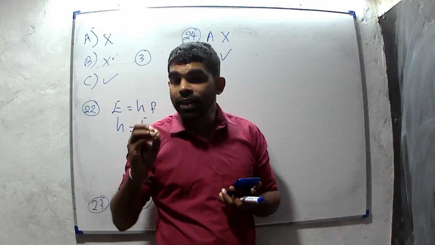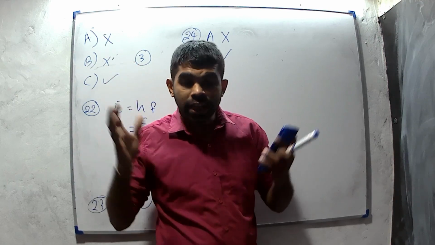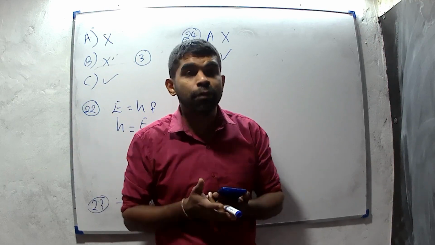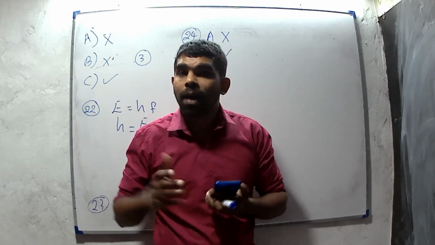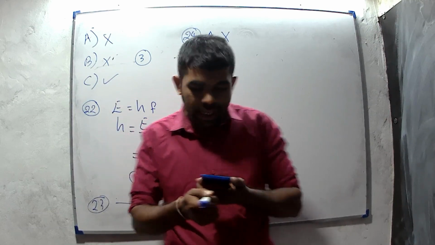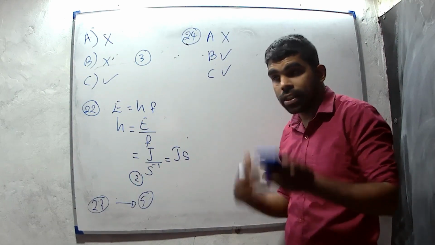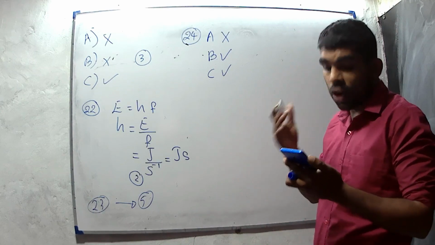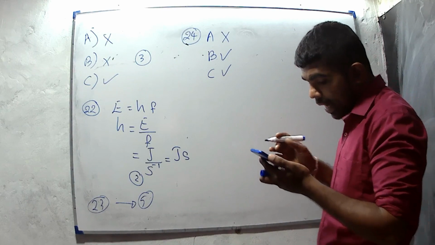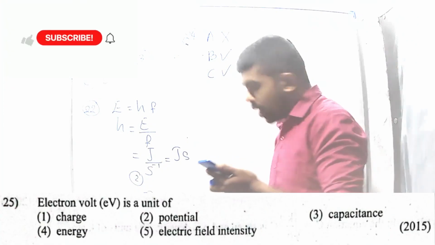We can define relative humidity as vapor mass in a volume divided by saturated vapor mass for the same volume at the same temperature multiplied by 100%. Then it has no dimensions. Then C is correct. Dimensionless quantity. Therefore, B and C are correct. Third one is the answer for question number 24.